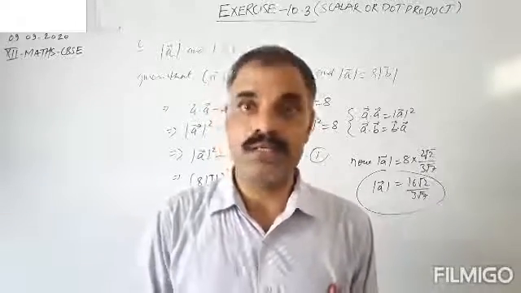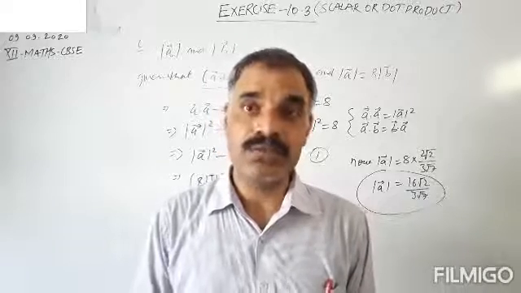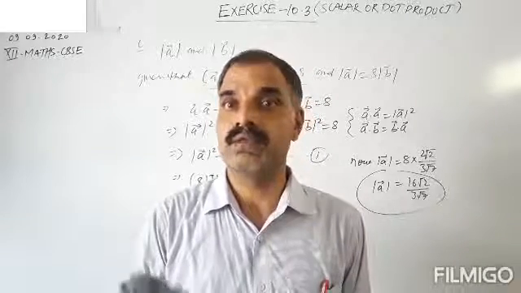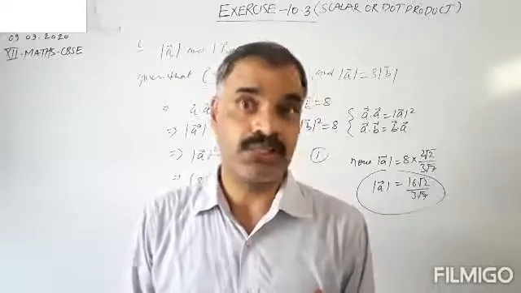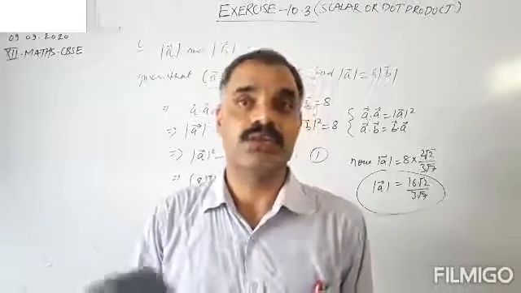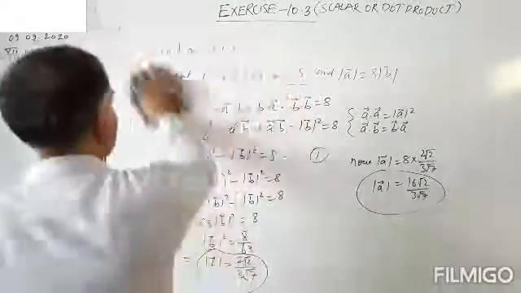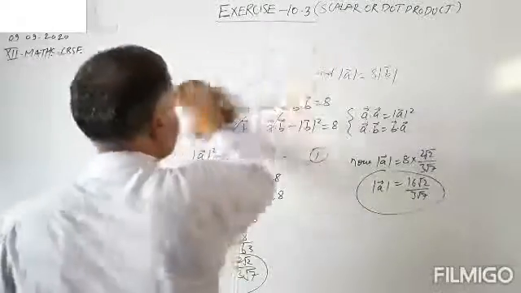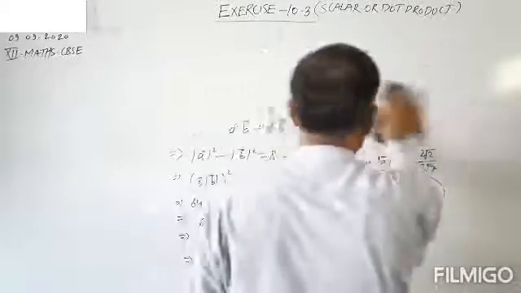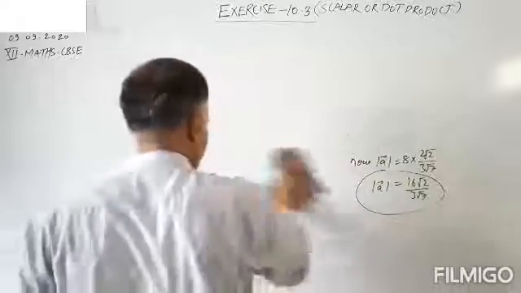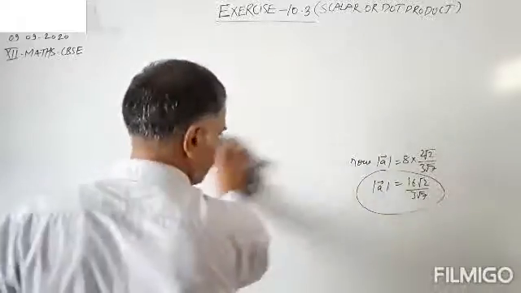This is a scalar quantity, and as we use a dot in place of a cross, it is also known as dot product. Now let us take the next question of the exercise.